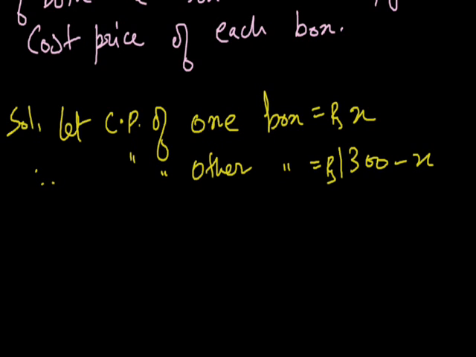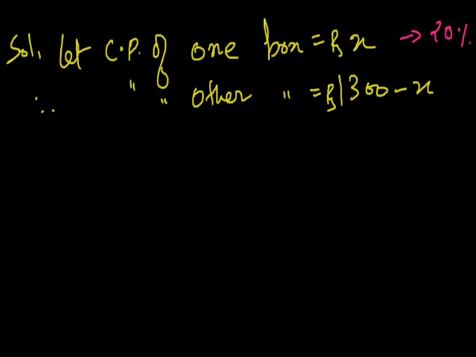Now we are given that one box was sold at a profit of 20%. Let us assume that the box which was of cost price X was sold at 20% profit, and the article which cost 1300 minus X is the article which is being sold at a loss of 12%.